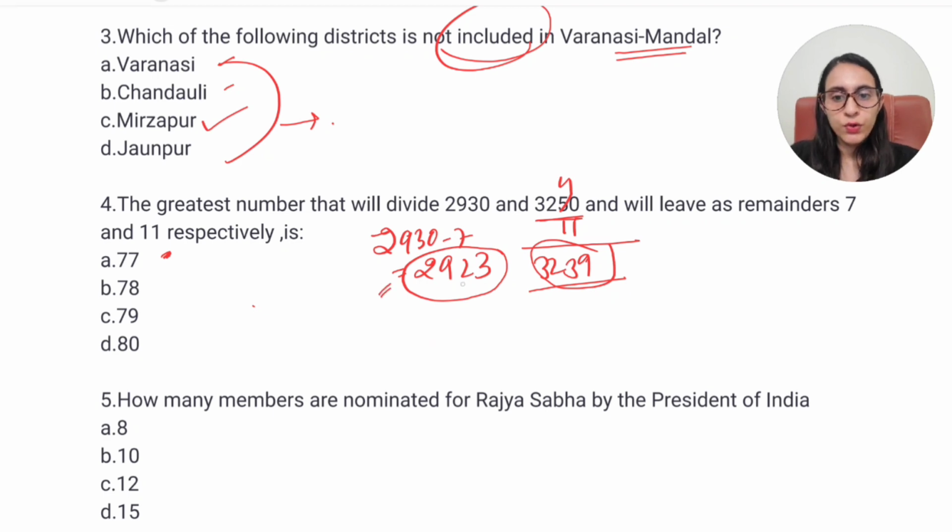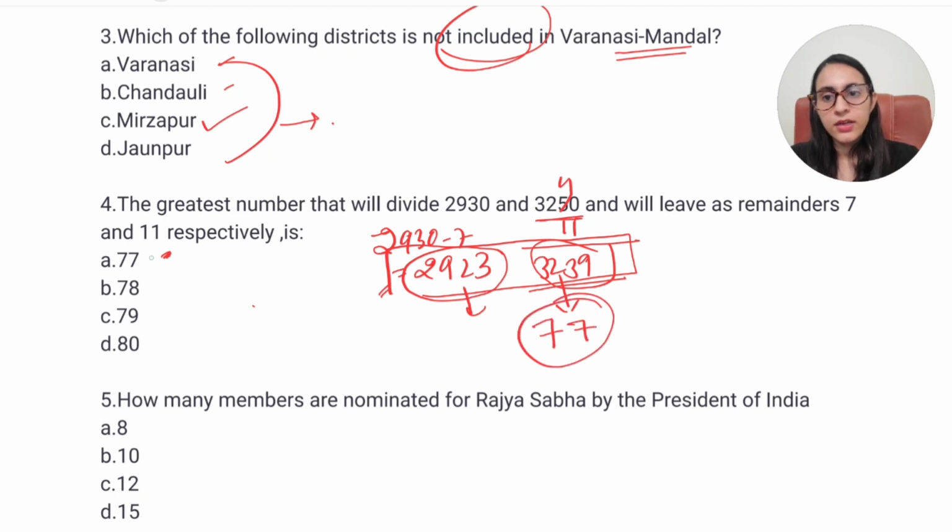Now you want to find the greatest common divisor between these two numbers, 2923 and 3239. Using the calculations, the greatest divisor that you get is 77, and dividing by it you get 7 as a remainder for 2930 and 11 as a remainder for 3250.